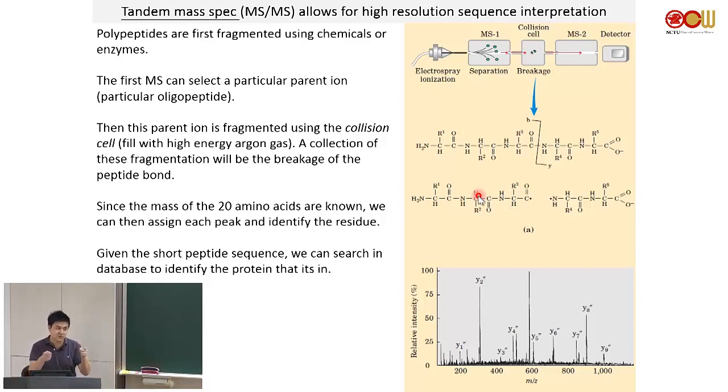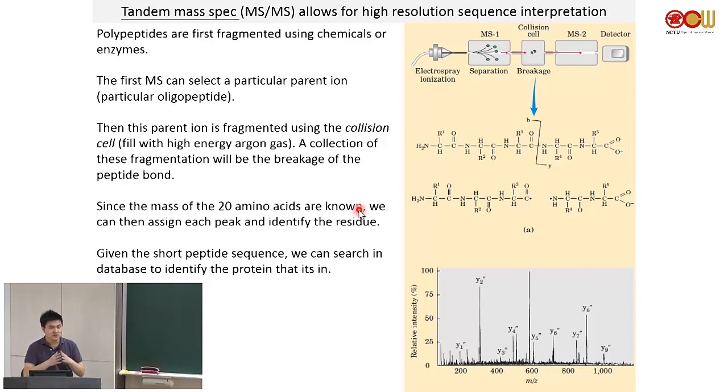If that mass number matches the mass that you observed, then you probably know that it's going to be a combination of alanine and glycine. Okay? So given that, you feed it back into your computer, you search it in a database, then you can identify what protein this might be. And it will actually spit out a percentage of what they think this is. Use that, then you know in your sample, this is the type of protein you have.